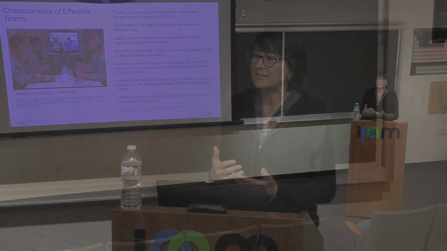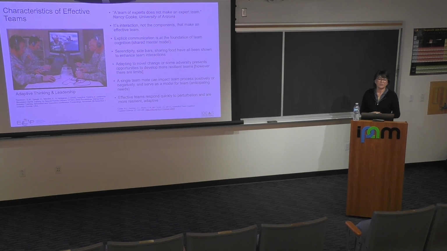So what actually can facilitate this type of communication? A lot of serendipitous encounters when you're in person. Of course, having your sidebar meetings like we have them here or at a conference, and sharing food, actually. These are things that have been shown in the research to actually enhance team interaction and team communication.